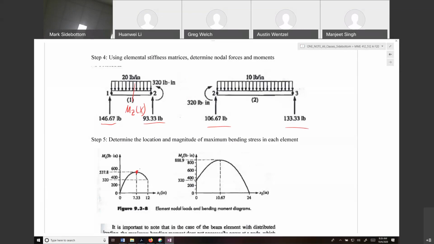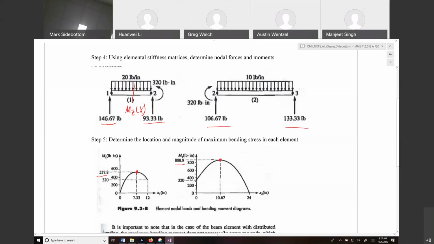So we need to make sure that we account for it. So what we end up getting is our bending stress as a function of x, our maximum is equal to 537.8 for our first element, and for our second element is going to be equal to 889.